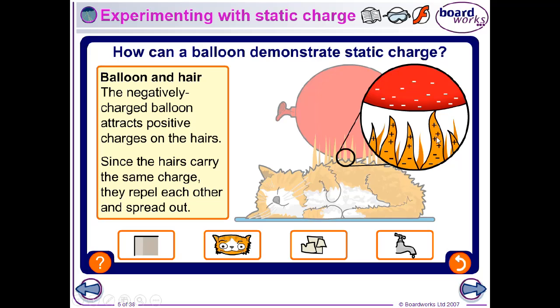So the negative charge in the hair moves deeper into the body of the cat, further down, because it's repelled from the balloon, and the tip of the hair becomes positively charged, and therefore is attracted to the negatively charged balloon. Ta-da!